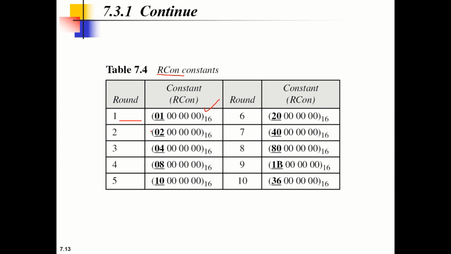For round 1 we have this constant, for round 2 this constant, and so on. In this round constant, the left 6 bits are zeros, and we have a value for only 2 bits, right? So that value is fixed, it is predetermined, and we have to use this table as it is.